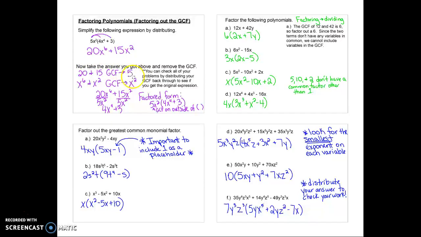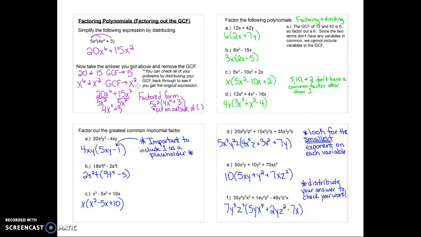So that's the GCF. Then I also have to look at the variables. I have an x to the 6th from my first term and an x to the 2nd from my second term. Remember, the GCF takes the smallest exponent that you have, so it's x to the 2nd power. So our total GCF is 5x squared.